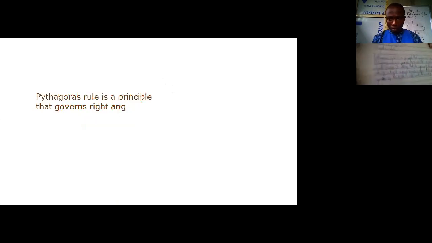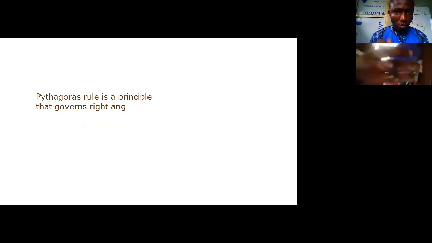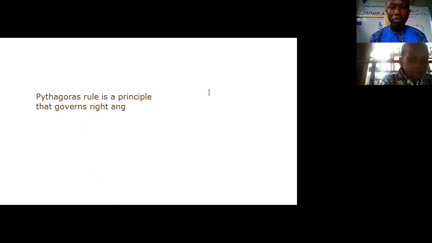Pythagoras rule is a principle or a law that governs right angle triangles.